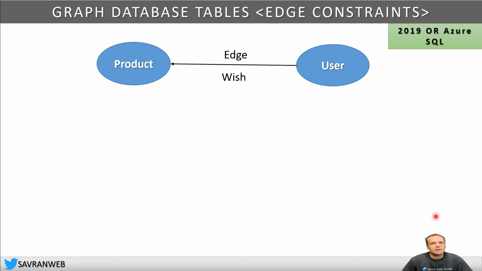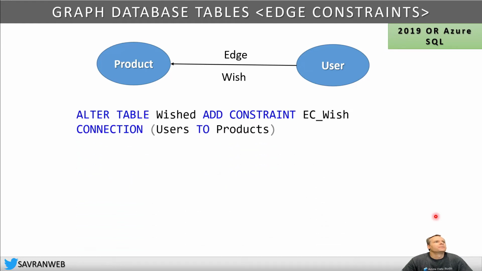In 2019, Microsoft came up with a solution, and you can now create constraints between the node tables. So you can define which relation can go from what entity to what entity. Let's see an example here.